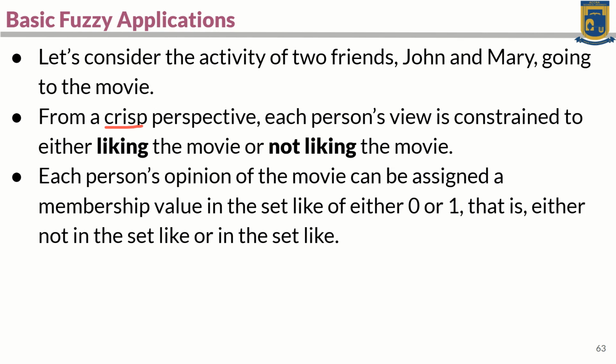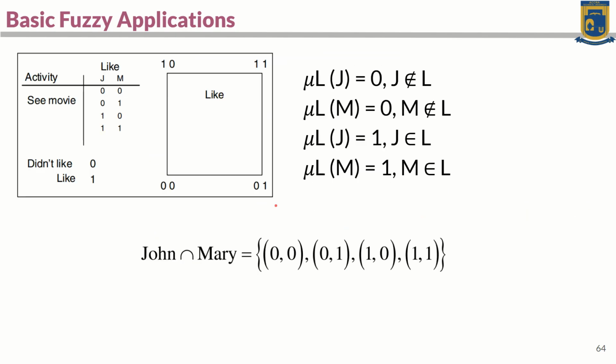You are thinking in terms of fuzzy. So to use the classical or crisp perspective, there are only two choices, either 0 or 1. That means either John didn't like the movie or he did like the movie. Or Mary didn't like the movie or she did like it. So when it happens like that, how can we represent it?